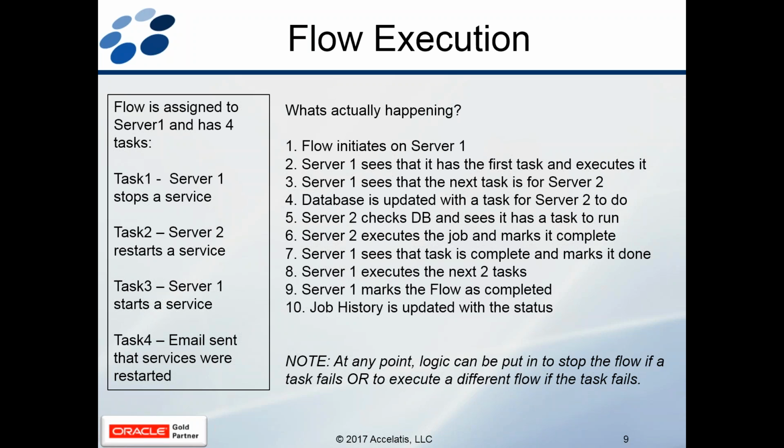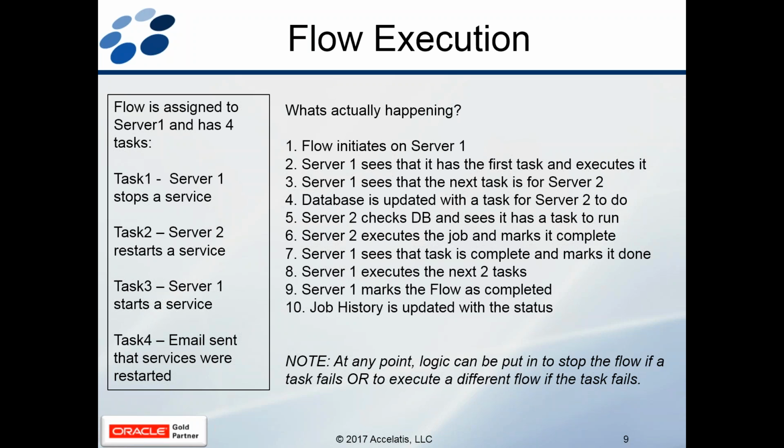What it actually does is it pops a little record in the database, and it says, hey, server 2 has to do this task. And every once in a while, all the servers will check the database to see if they have anything to do, and server 2 will check the database and say, hey, I've got this thing to do. So server 2 goes ahead, understands what it has to do, it executes that job, and then it goes and writes to the database, says, yep, I'm done.